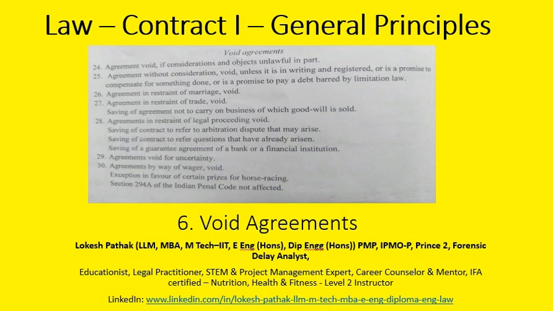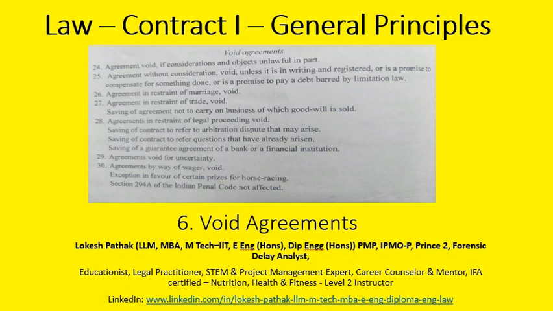Section 28 says the same thing with respect to legal proceedings: an agreement will be void if it restrains any legal proceeding or limits the freedom as per any legal proceedings.